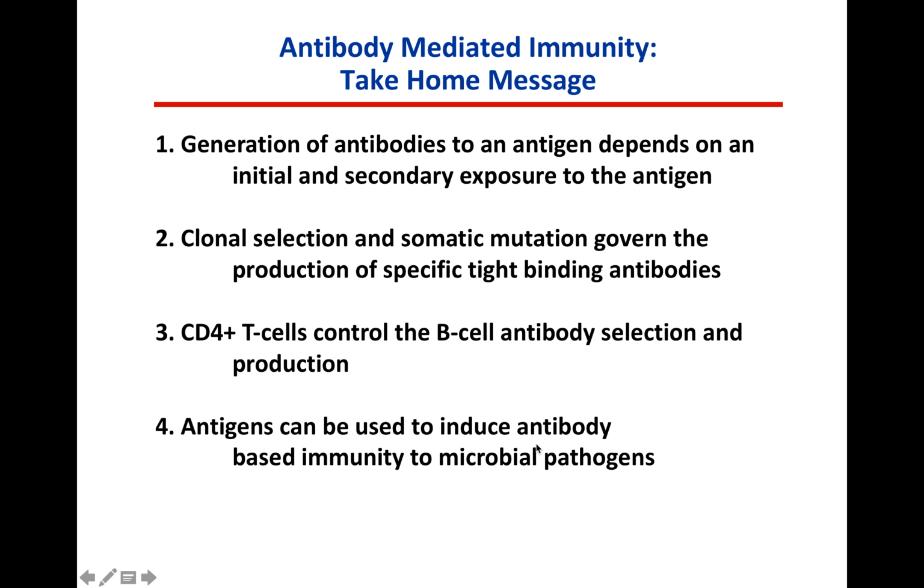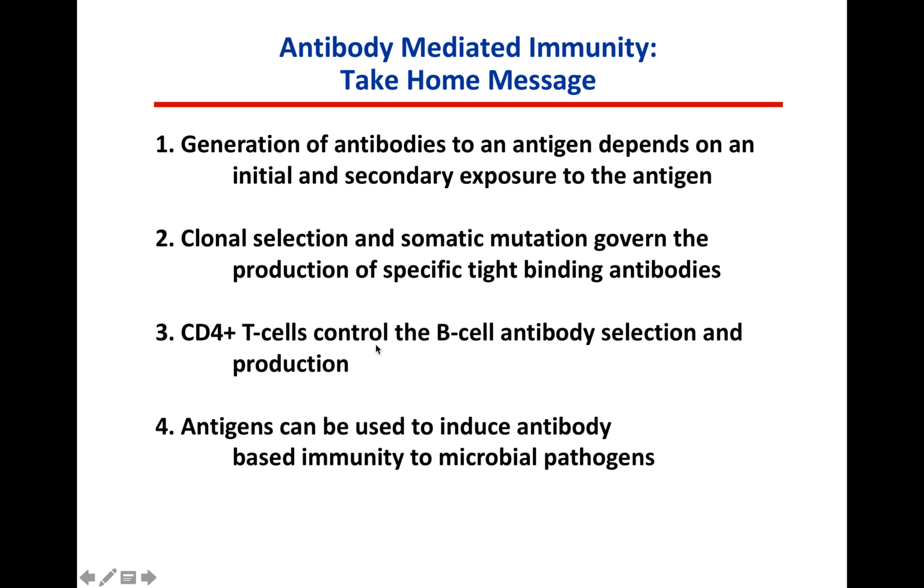So to wrap up, for the antibody-mediated immunity take-home message, what have we looked at? Well, first, that the generation of antibodies to an antigen depends on the initial and secondary exposure to the antigen. You've seen that. You know how important clonal selection and somatic mutation are to governing the production of these tight antibodies.